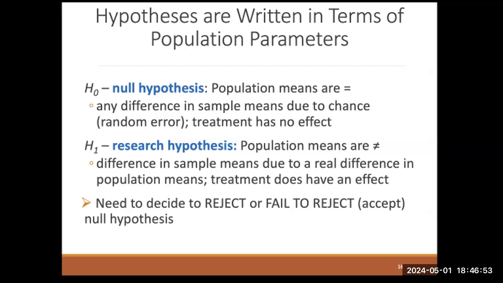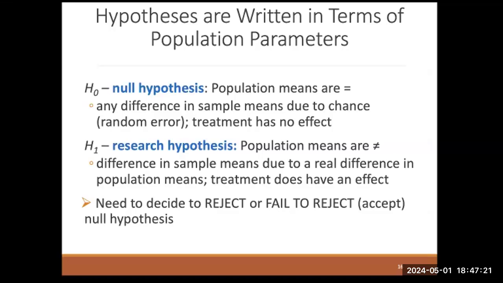So the research hypothesis will be the population means are not equal, that the difference in the sample means are occurring because there really is a difference between the two, that the treatment does have an effect. That's what we want to see as researchers. So hypothesis testing is helping the researcher decide, are we going to reject or fail to reject, in other words, accept the null hypothesis?